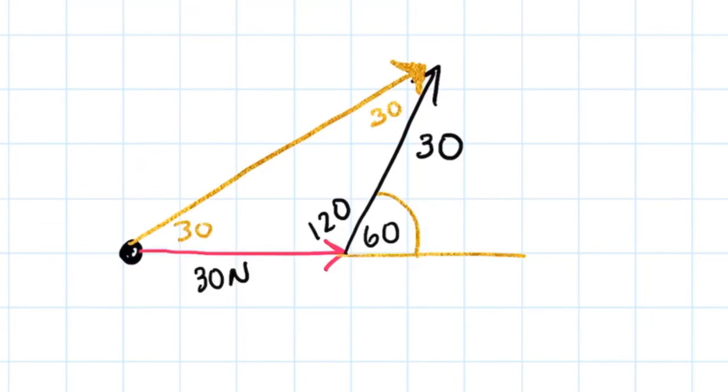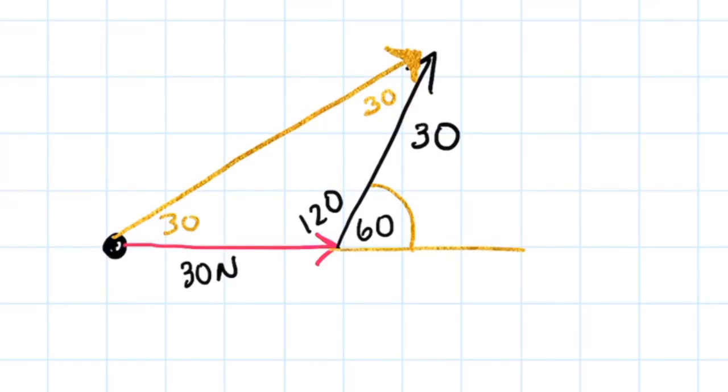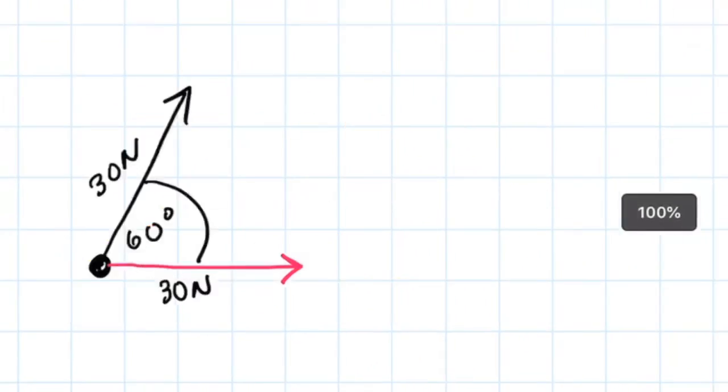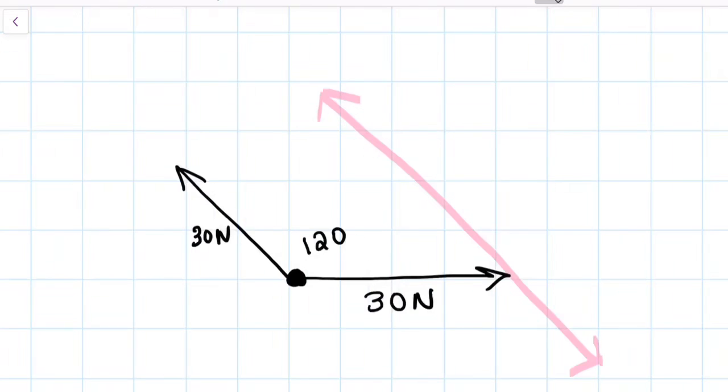So we need to have a 60, 60, 60 triangle in order for these two 30 Newton vectors to create a third vector that's also 30. So here I've just drawn a parallel line to indicate the idea of this. So we know here that this is also going to be 120 degrees.